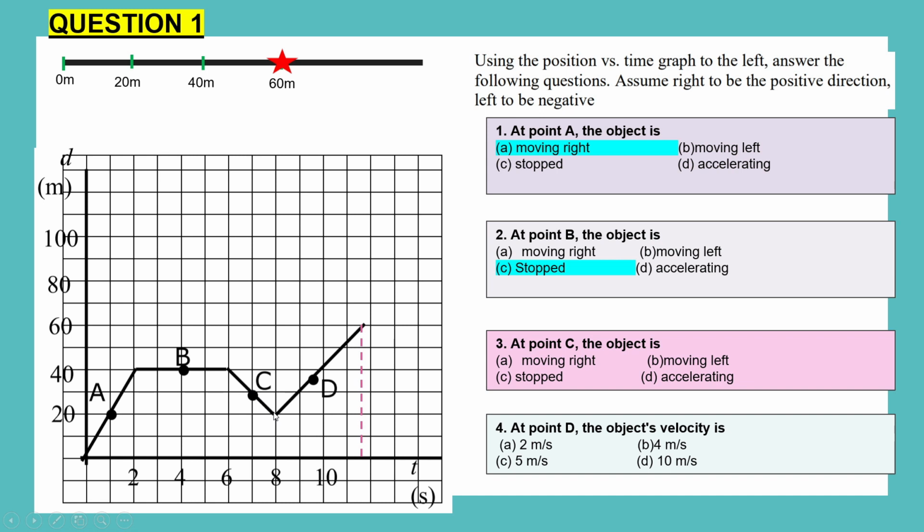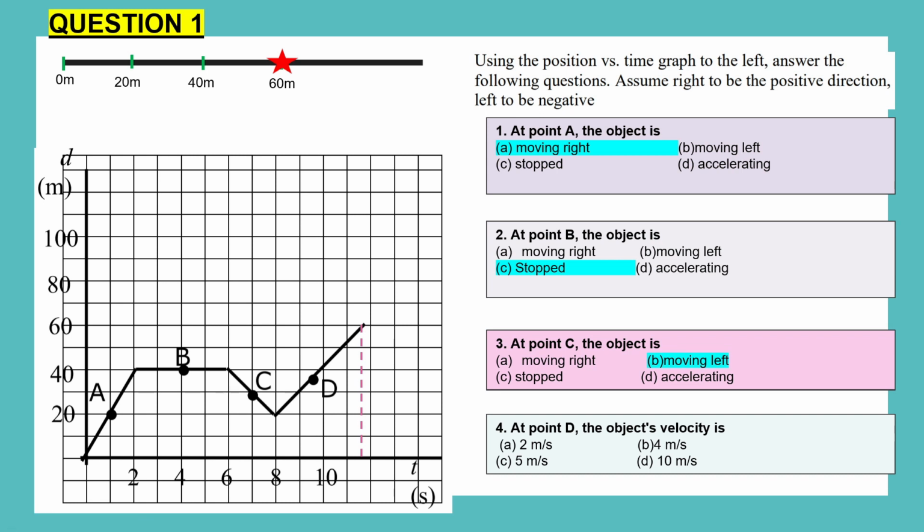At point C, the object is moving to the right? Wrong. Moving to the left, correct. Stop? It doesn't stop. Accelerating? No, because the velocity is constant. So the answer is B.